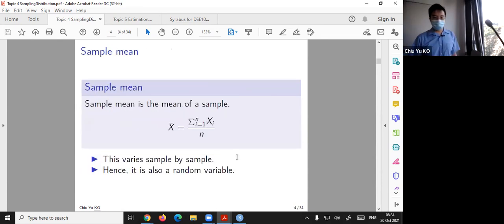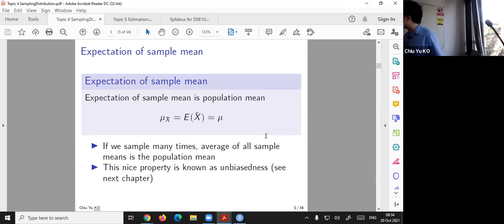The first thing here is the sample mean. The sample mean is the average of the observations, and it has a good property: because each observation has the same expectation as the population mean, the expectation of the sample mean is also the same as the population mean.